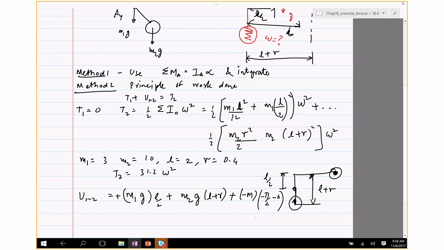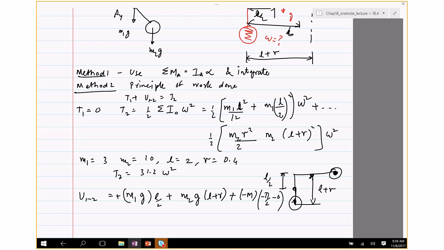So the convention that M is positive counterclockwise is true as long as you also assume that theta is counterclockwise positive. You cannot take M to be counterclockwise positive and theta to be negative in the counterclockwise direction. So the consistent way to do it is if you assume 0 to be this angle, then the angle turned in the clockwise direction also is going to be negative. M is negative, but the angle is also negative. So it's going to be minus pi by 2 and not plus pi by 2 because it's going clockwise. So negative and negative gives you positive.